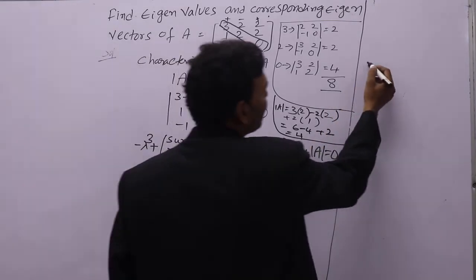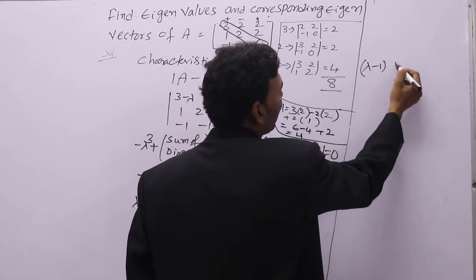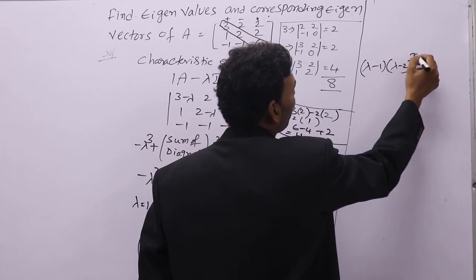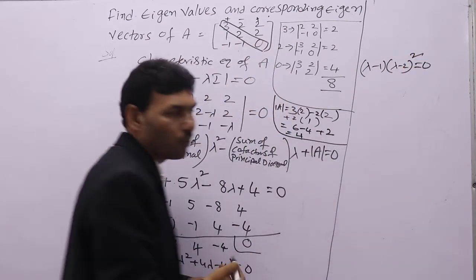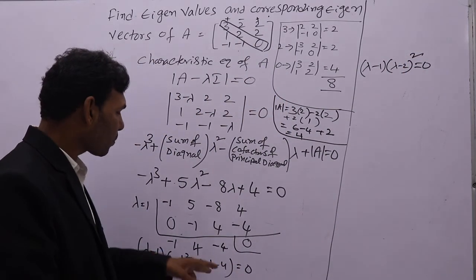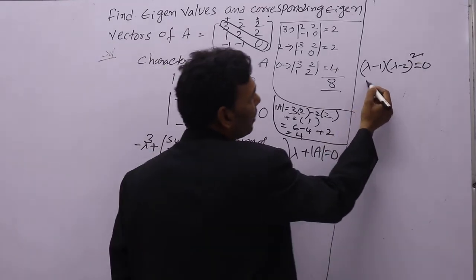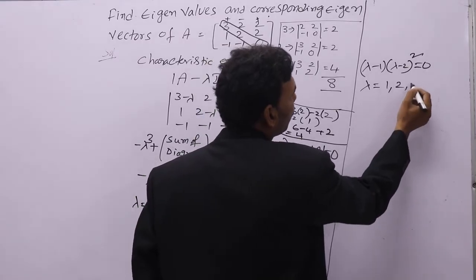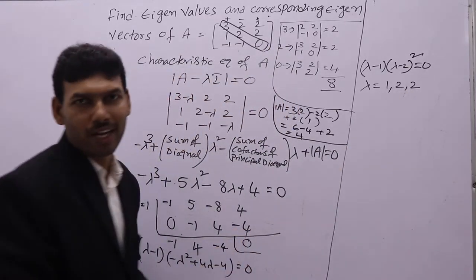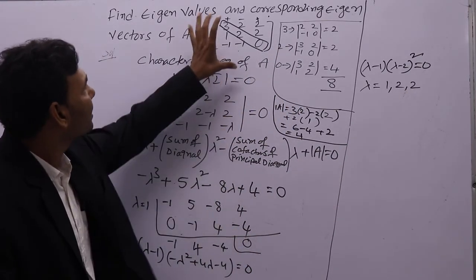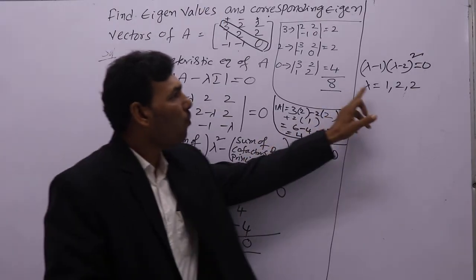That means this can be written as lambda minus 1 into lambda minus 2 whole square. If you want, you can take minus common, a square minus 2ab plus b square form you will get. Then lambda values are 1, 2, 2. These are eigenvalues. Eigenvalues of this matrix are 1, 2, 2.